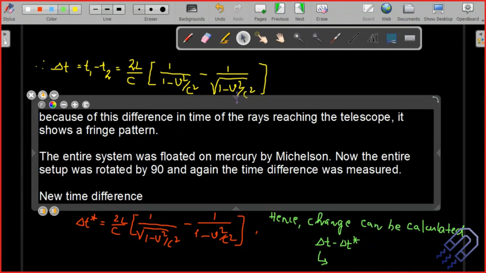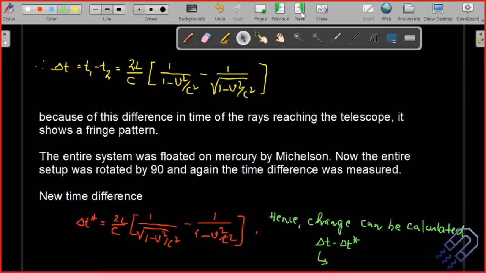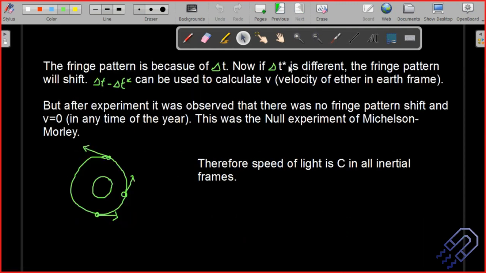It just interchanged the values of T1 and T2, and then the difference can be calculated easily. Now, if we look at this relation of delta T minus delta T star, everything is known. Delta T minus delta T star can be calculated by the shift in the fringe pattern, and C is known, L is known. But it was observed that there was no shift in the fringe pattern.